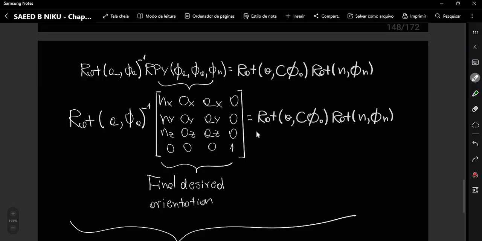Okay, and with this transformation equation, this RPY matrix, we said that for a Cartesian plus RPY robot, we wanted the final desired orientation and position to be with these coordinates.